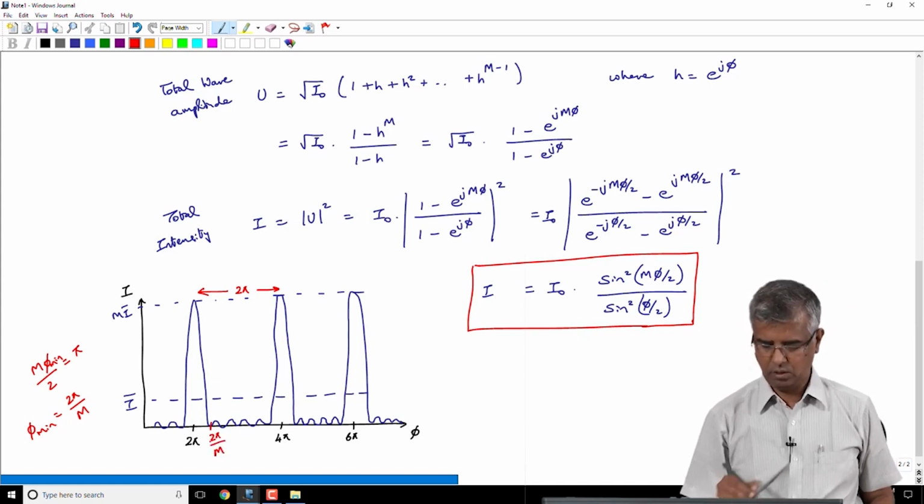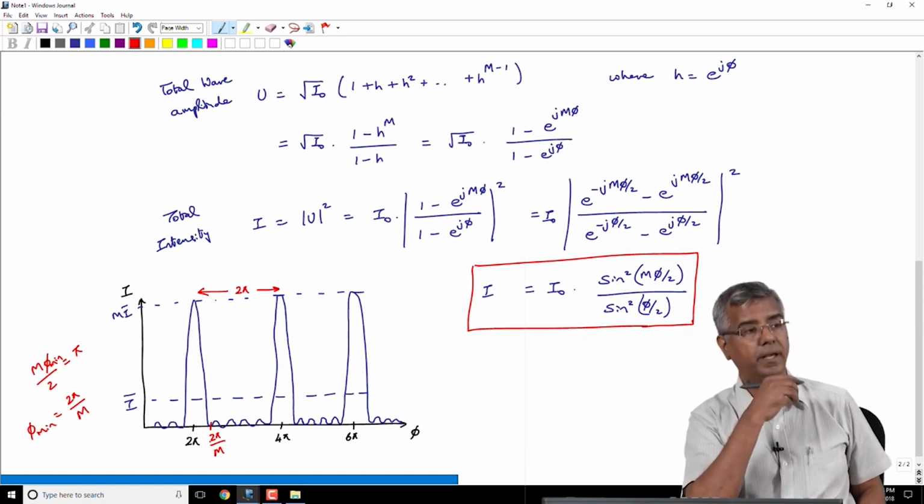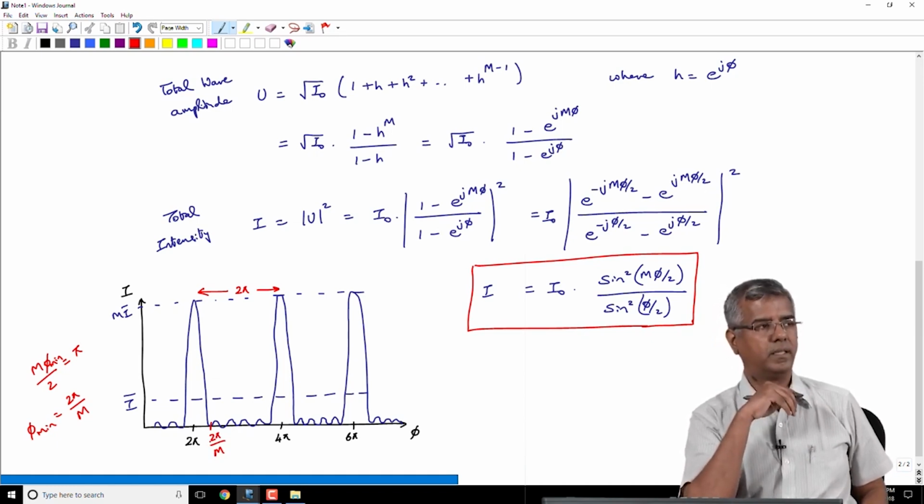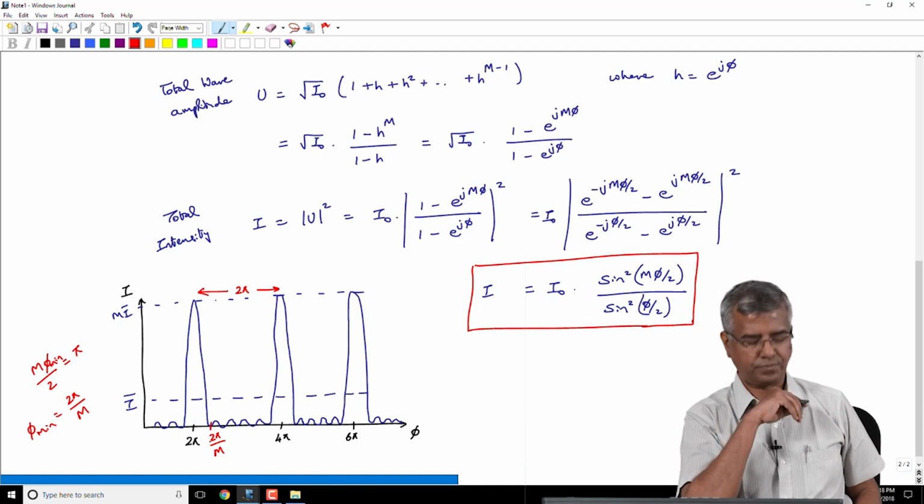Okay. 2 pi over m is where that first minima happens.